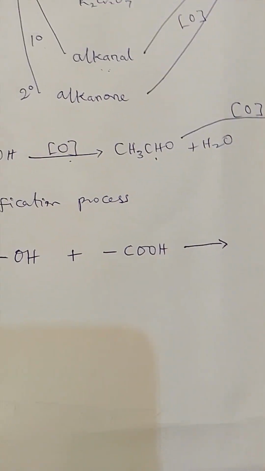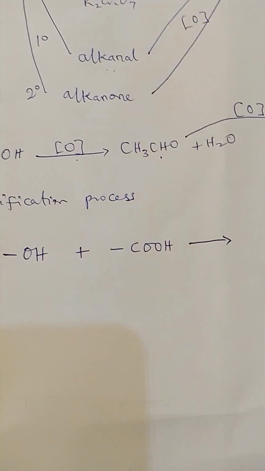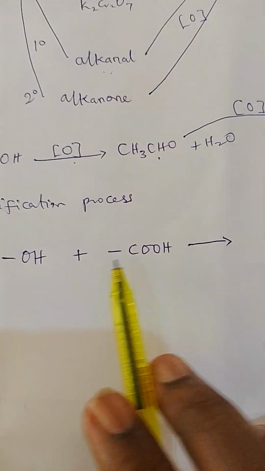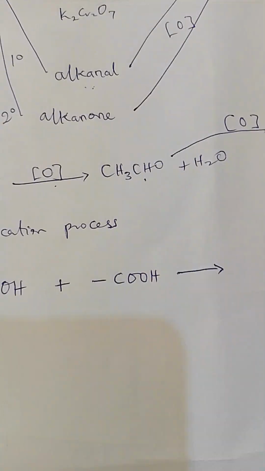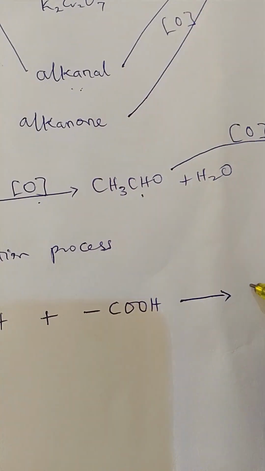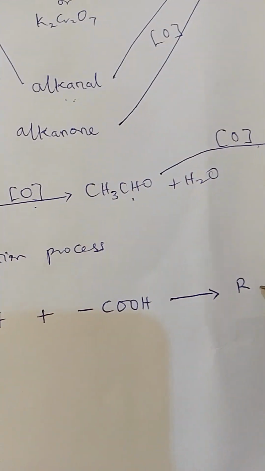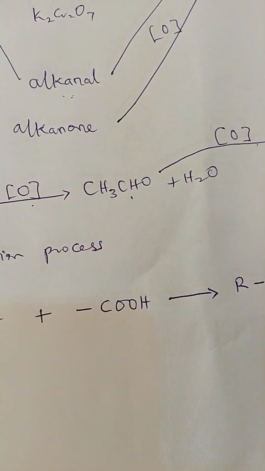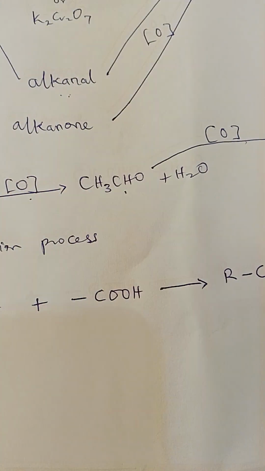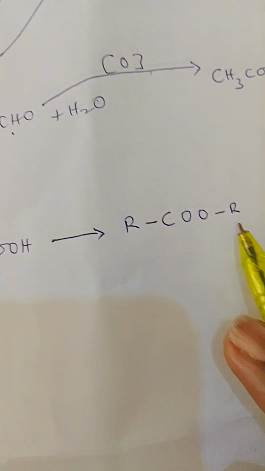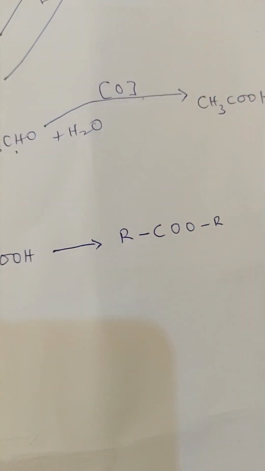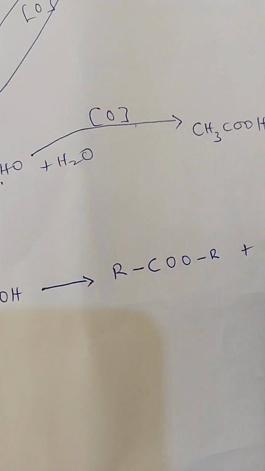But let's just go to the esterification process. You must know that this forward reaction is the esterification process. What will it form? It will form what is called alkanoate, and this is the formula for alkanoate. This R here stands for the alkyl or aryl groups that may be attached, and of course there will be water.